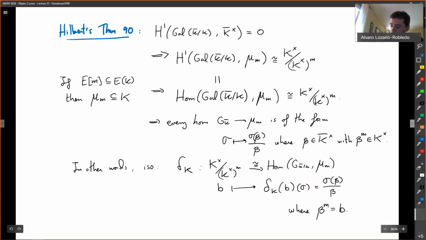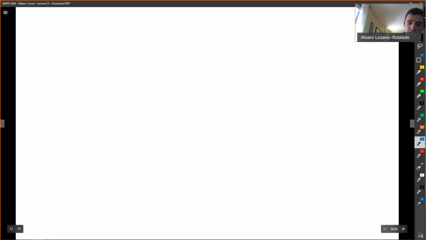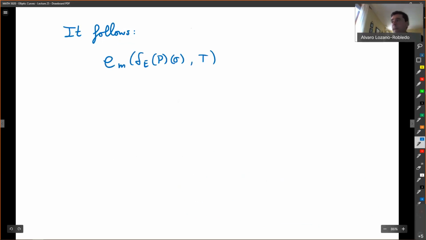So it follows that e_m of delta_E(P) acting on sigma, T has to be an image of this delta_K isomorphism.